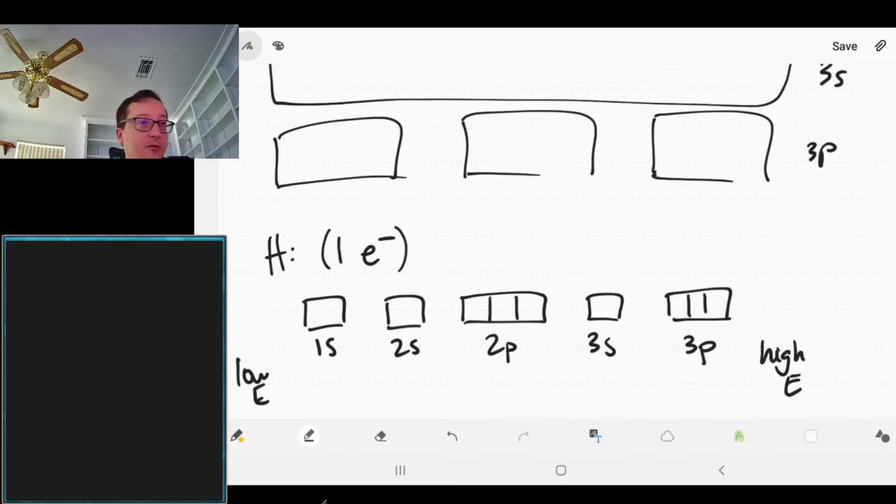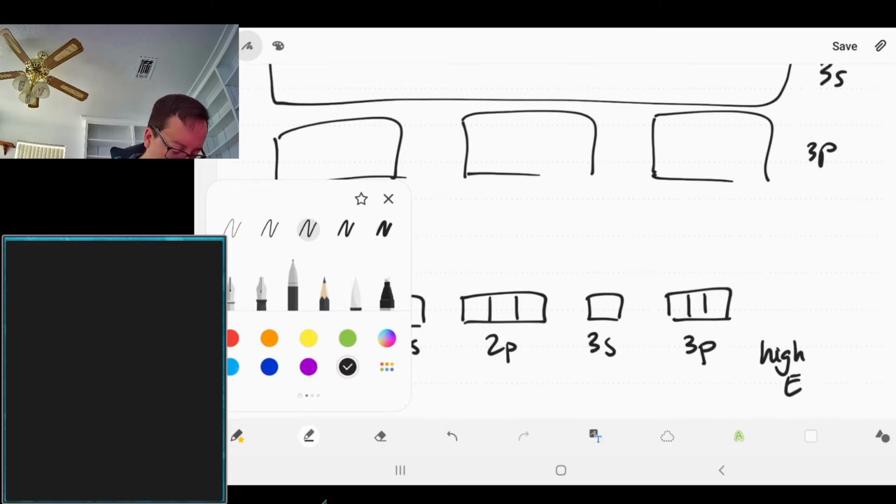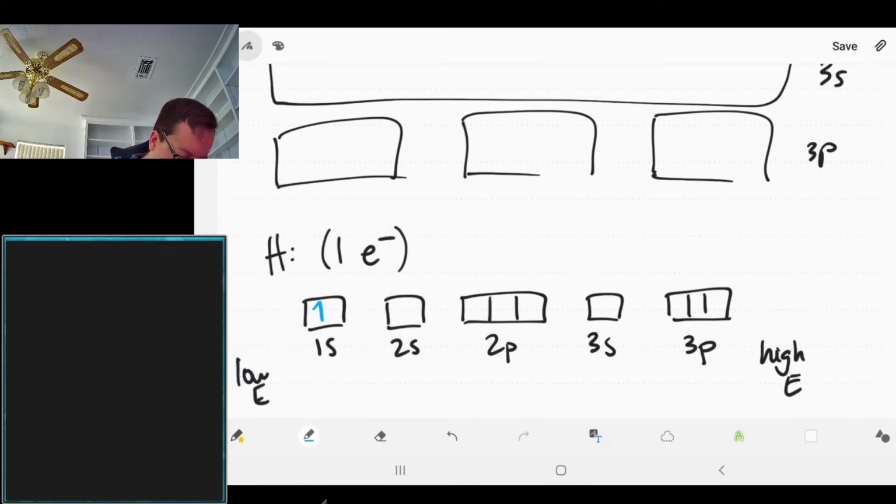So of the ones that I've drawn here, we have the lowest energy on the left, the highest energy on the right. So the electron, which is represented by a little arrow there, will occupy the lowest orbital.